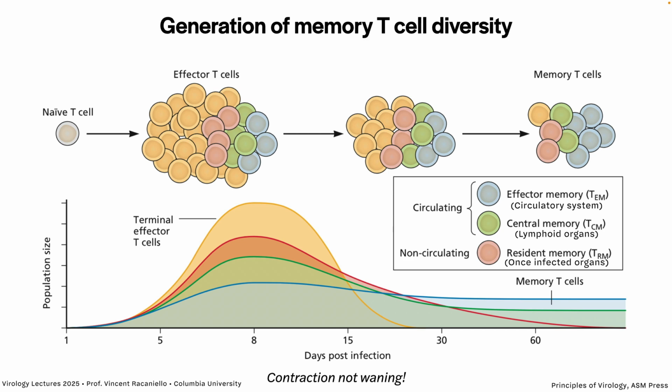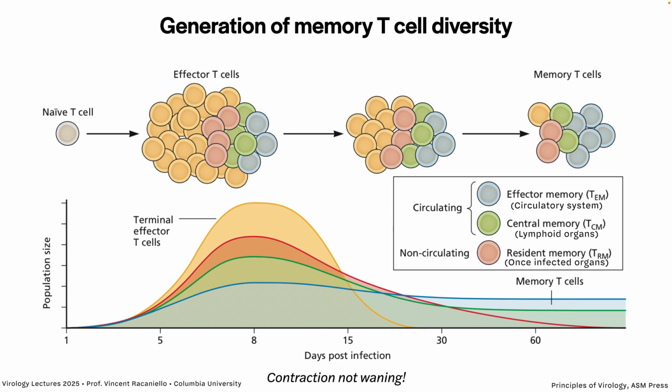These are not circulating, but they're in the organ that was infected. So if you've had influenza, you can find these resident memory T cells, or TRMs, in the lung. So the idea would be, if you get another flu infection, they're going to be reactivated at the site of infection, which makes great sense, right? And they go down also with time.